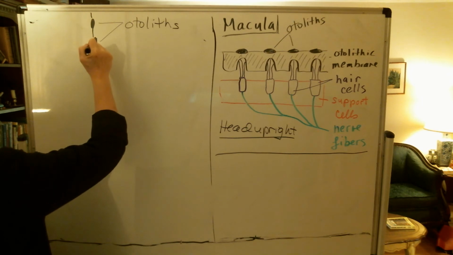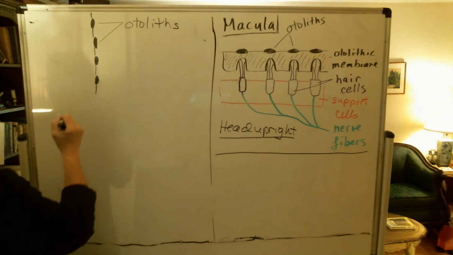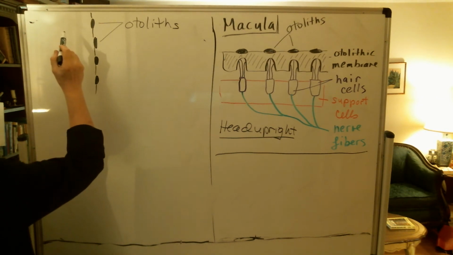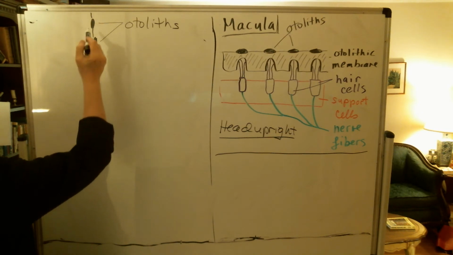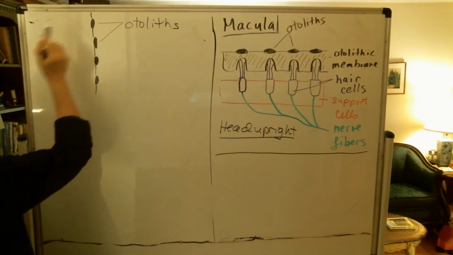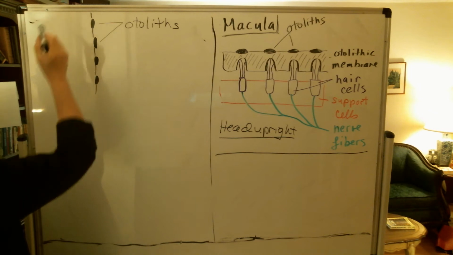And here they are, sitting on their membrane. Here's the membrane again. But things have gotten a little bit different here. This is where things get a little bit tricky to draw, so bear with me here.